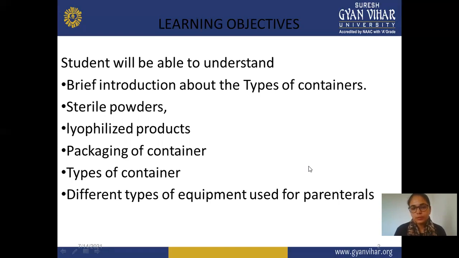These formulations come in parenteral products, sterile powder and lyophilized powder. Other than this, you should know about the packaging container, which packaging container is used for packaging of a parenteral product, different containers used for packaging of these parenteral products, and different types of equipment used for parenteral, which equipment you use for manufacturing that particular parenteral. So you should know about all these learning objectives in this lecture.